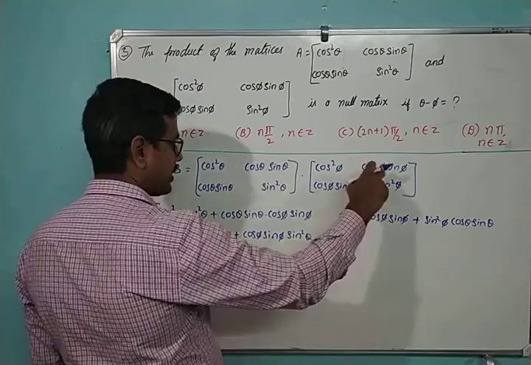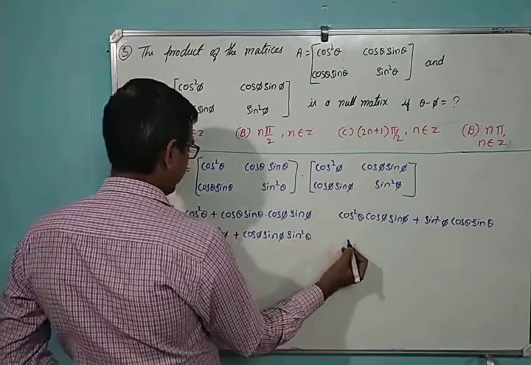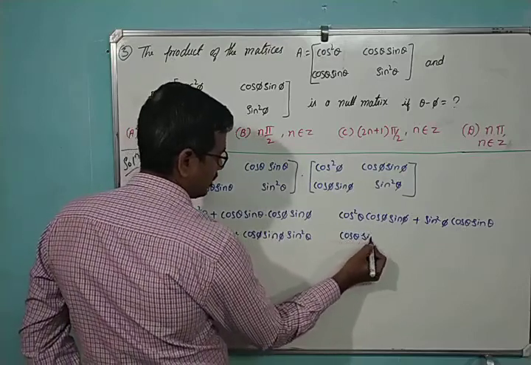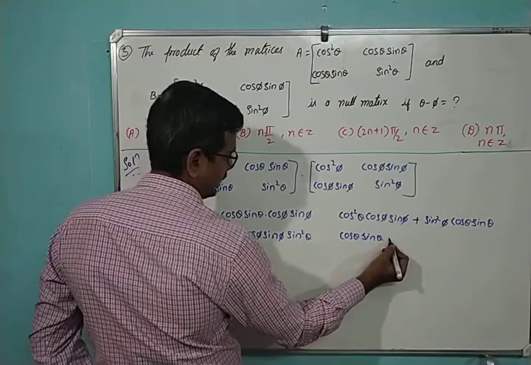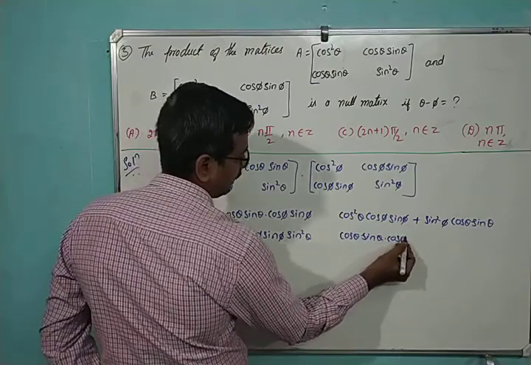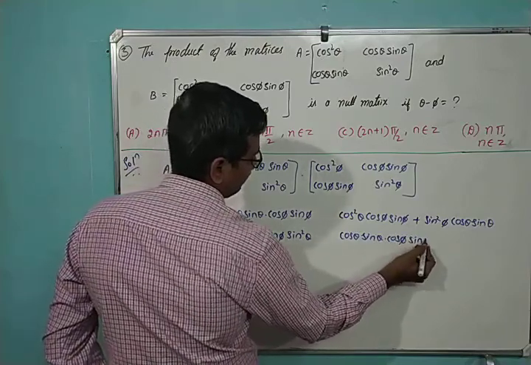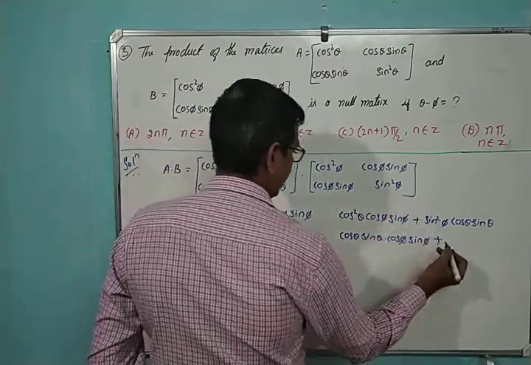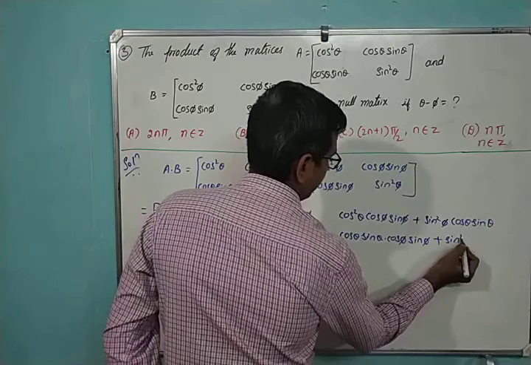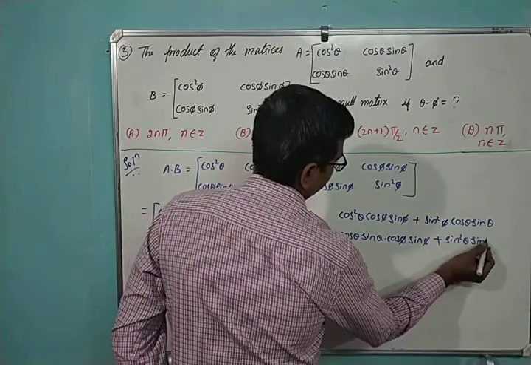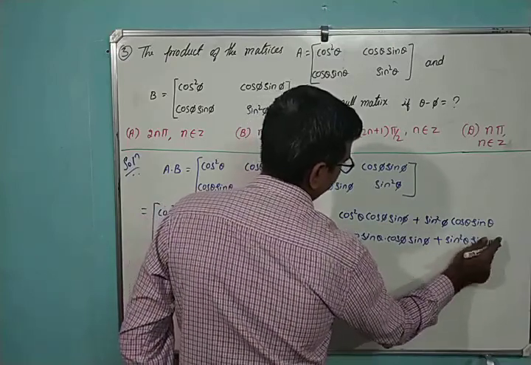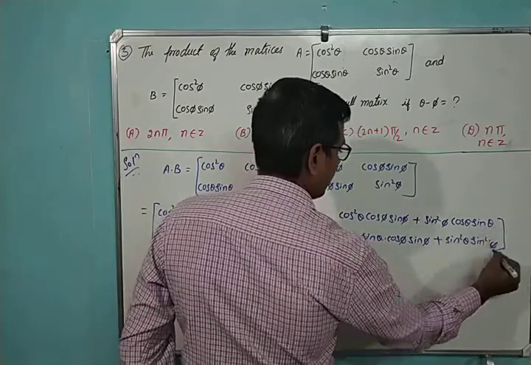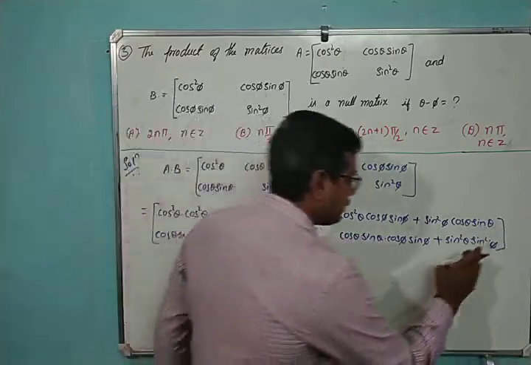Next one, this into this, I will get cos theta sin theta into cos phi sin phi plus sin^2 theta into sin^2 phi. Okay, that is what it is.